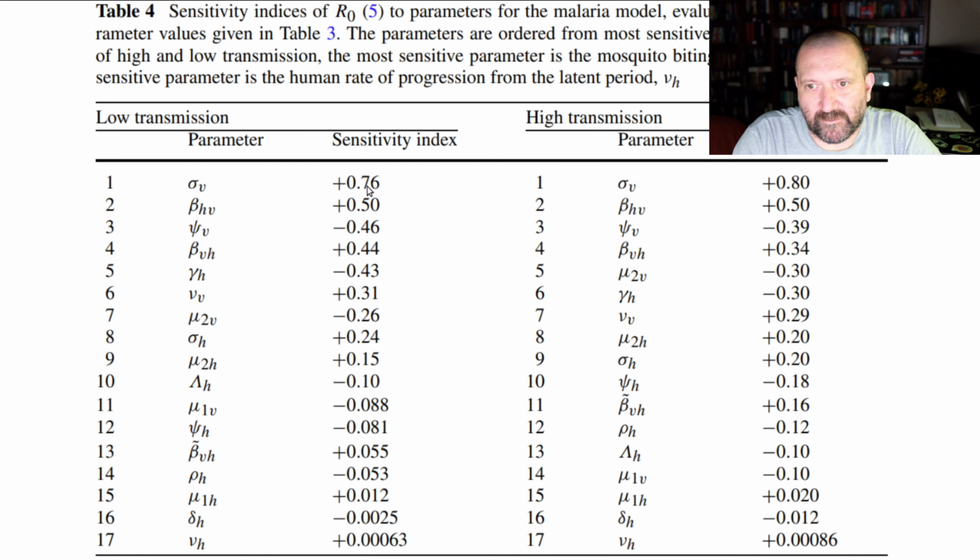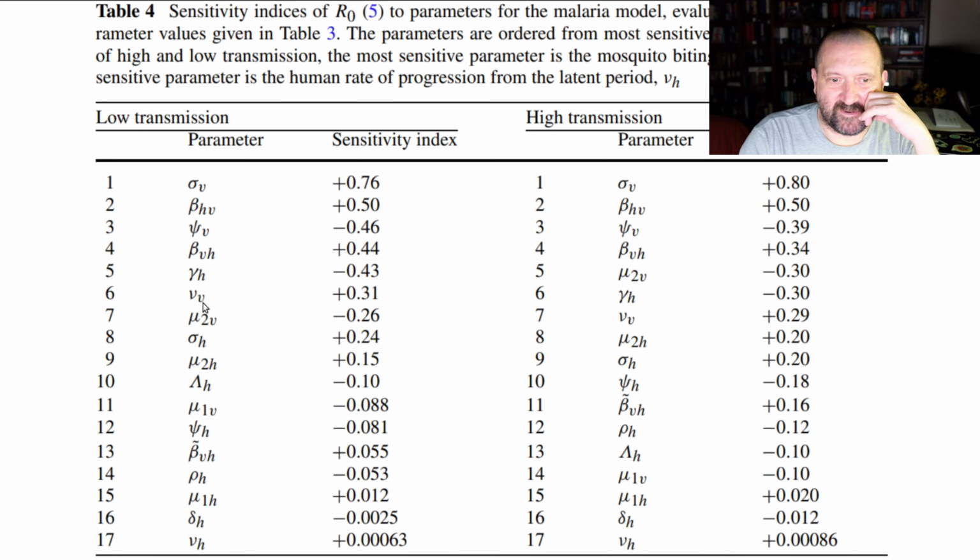So what you're able to do is gather the parameters that have the most impact on the changes of R0, plus being that it increases the value of R0, minus being that it decreases the value of R0. Those numbers are ranked in terms of their magnitude. So you want to know which has the largest effect, whether it's a negative or positive effect.